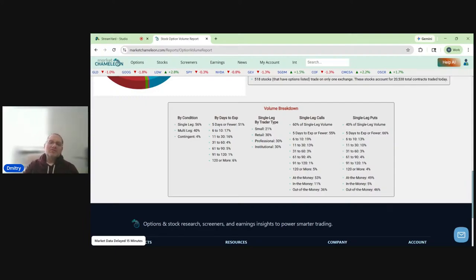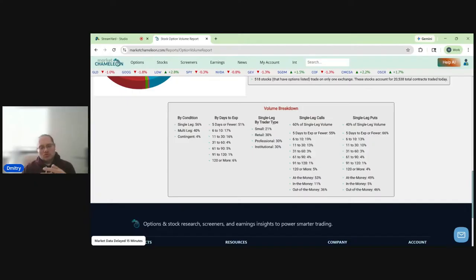And we see that 56% of all the traded volume were single leg orders, call or put. 40% of the volume were multi-leg. So these would be strategies involving more than one leg to a spread. 4% were contingent, with a stock component tied to it, like a buy-write or an options trade that was done delta neutral, but had a stock component tied to the trade.